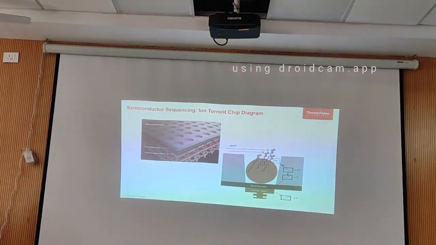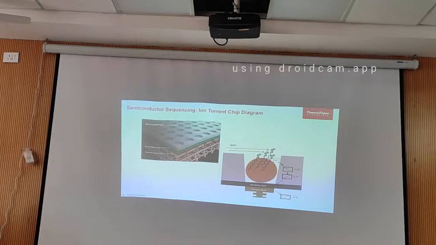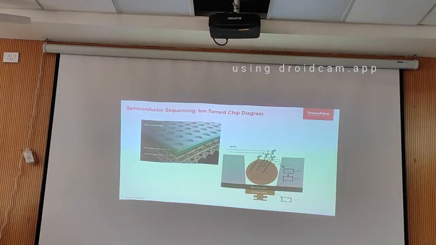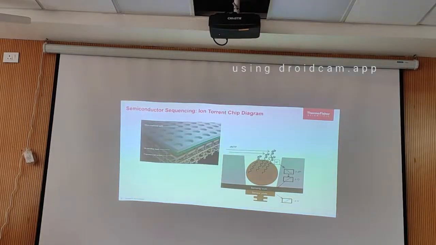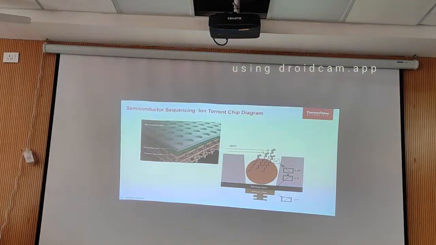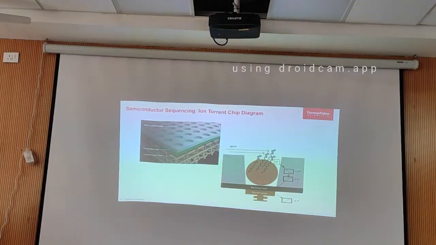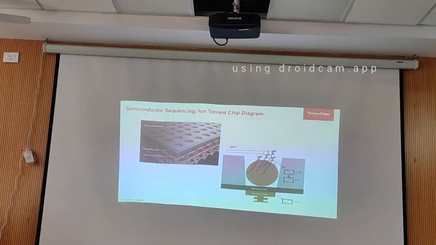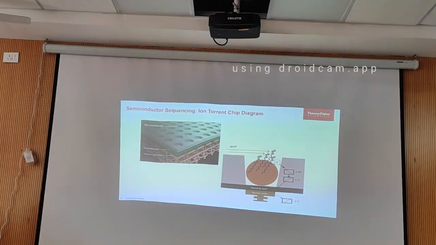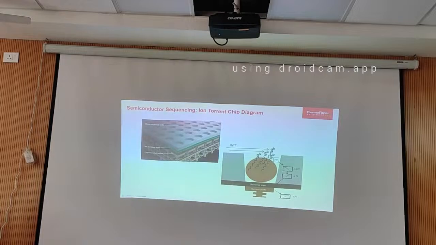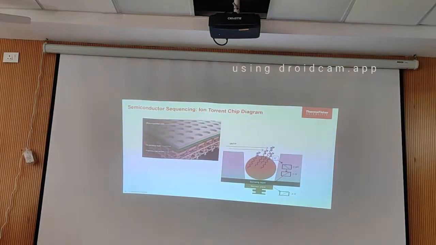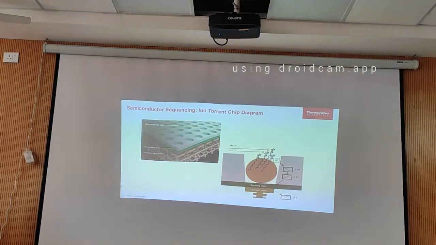Now there is another problem. If it is sensing only H plus ions, then how can it identify whether this is released from A or T or C or G?